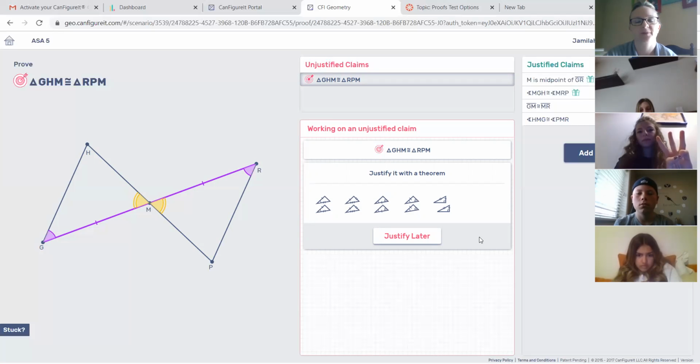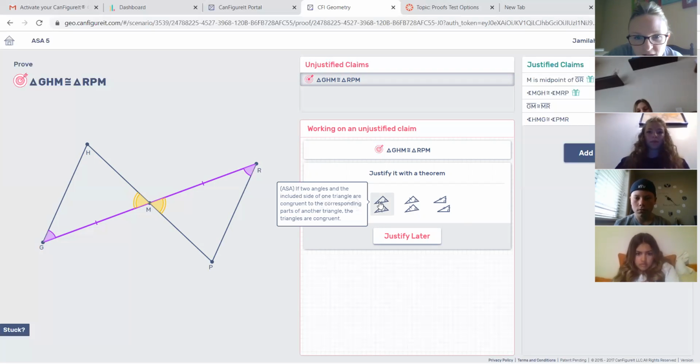Good, Abby. Why 3? What does picture number 3 have? Look at it. It's hard to point to it. An angle congruent to another angle. Then a side congruent to another side. Then an angle congruent to another angle. So angle, side, angle. Yeah?